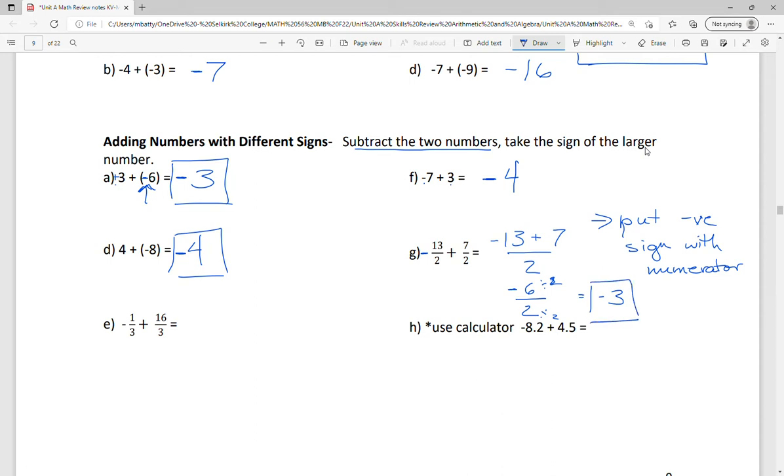Give this fraction one a try. It might be worth breaking it up into steps. You can do that numerator math in your calculator, or you can follow these rules here. You subtract the numbers and take the sign of the larger.